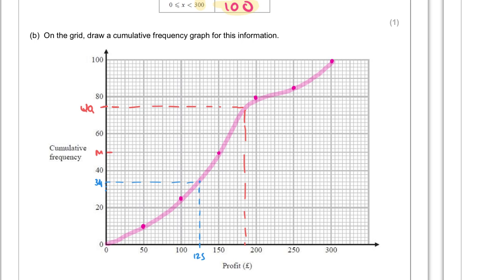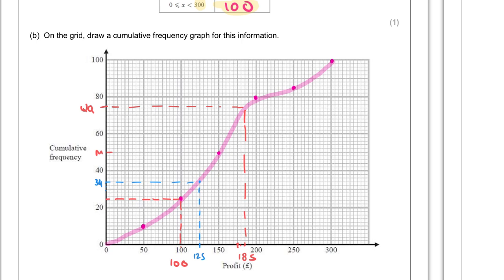Roughly, oh my god, this is 175, so these must go up in 175, 180, 185, okay? Lower quartile would be at 25. We go across at 25, and we get 100.